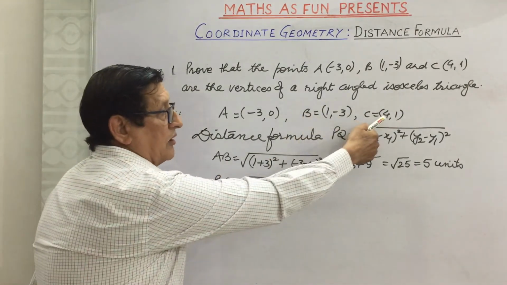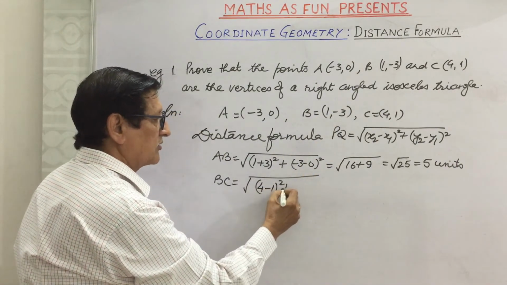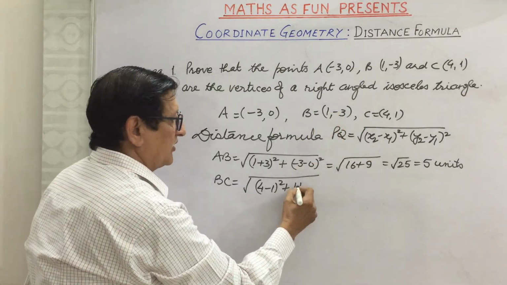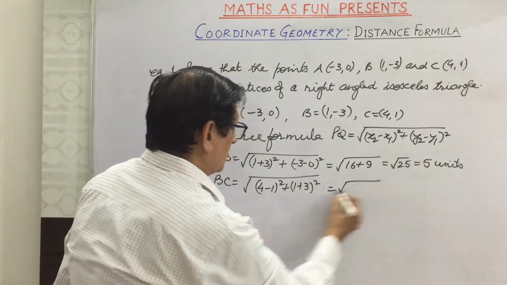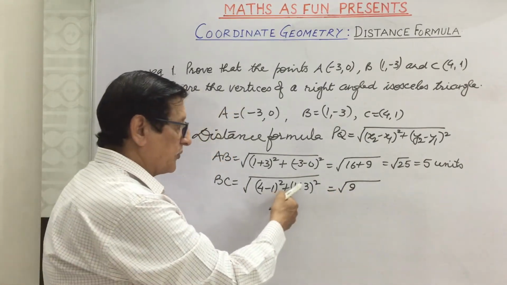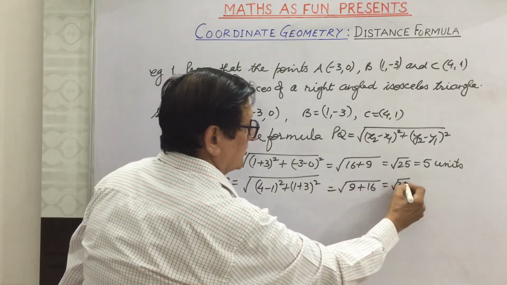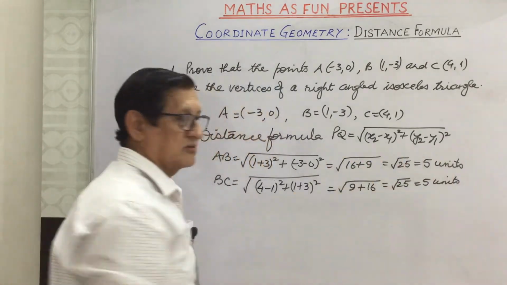BC is root of (4 minus 1) square plus (1 plus 3) square, which is equal to root of 3 square, that is 9, plus 4 square, that is 16. This is also root of 25, or we can say 5 units.